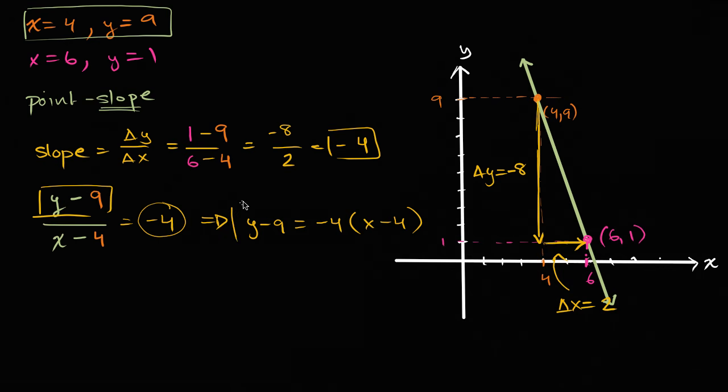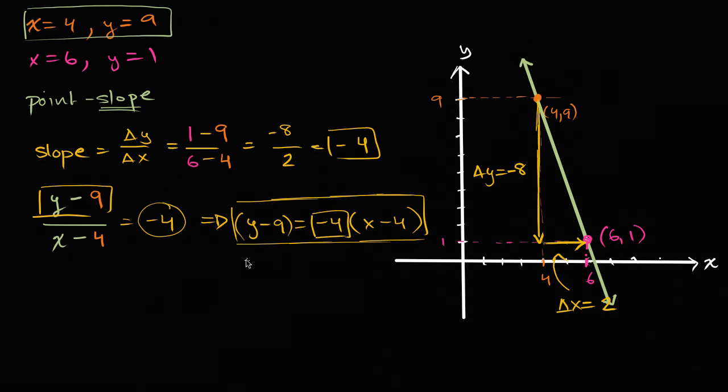And this right over here is our classic point-slope form. Sometimes they even put parentheses like this. But we could figure out the point from this point-slope form. The point that sits on this line would be the values that make both sides of this equation equal to 0. So it would be x equals 4, y equals 9, which we have right up there, and then the slope is right over here. It's negative 4.